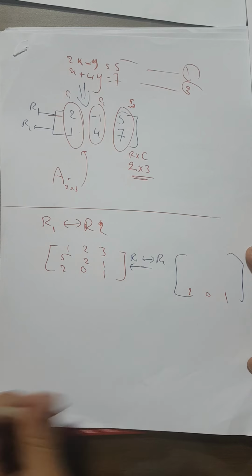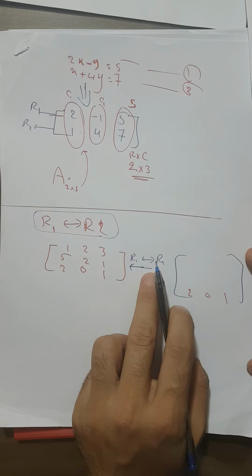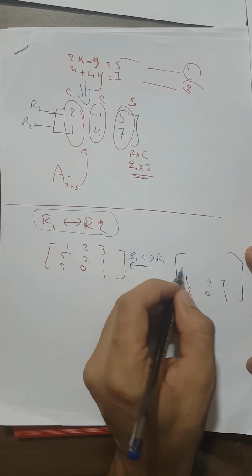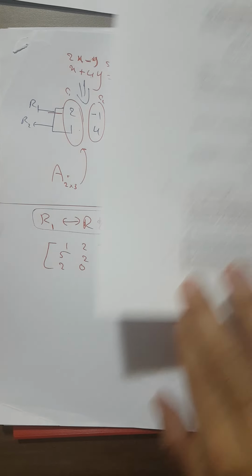The third row remains because we didn't mention anything about it. So this is the third operation.